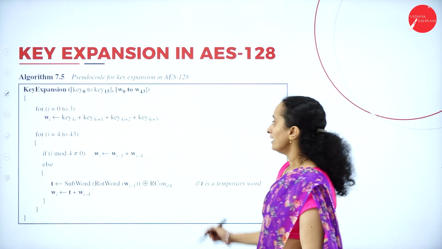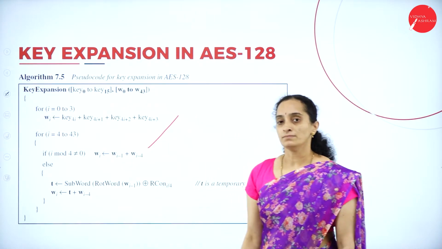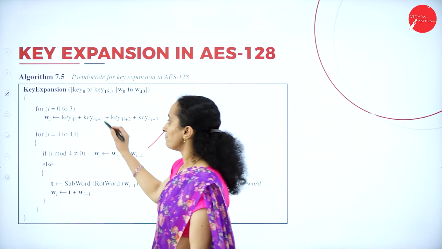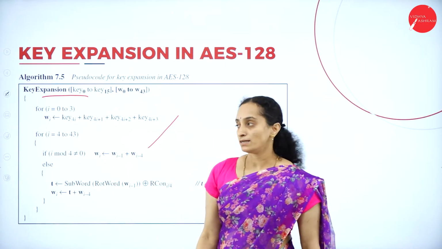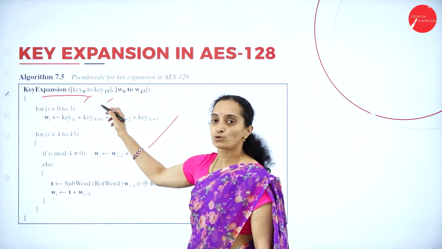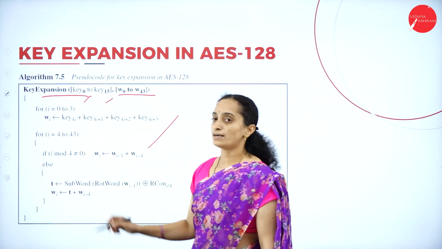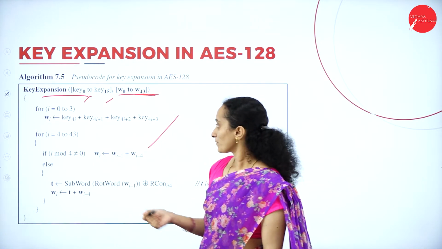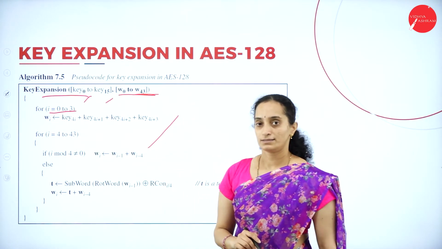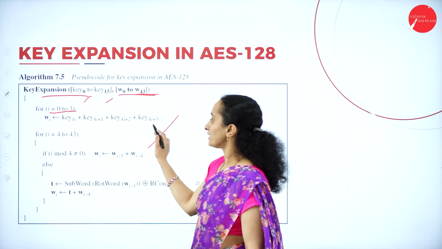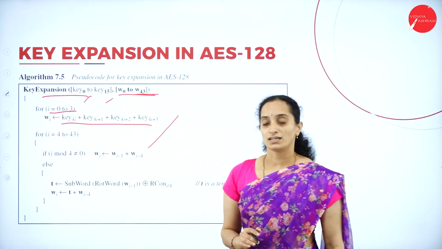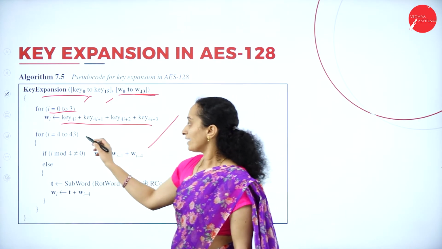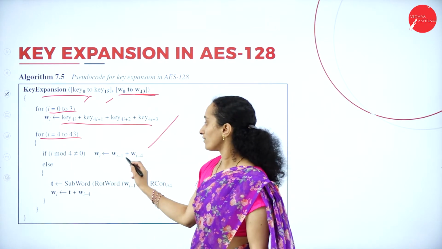Okay, this is the algorithm for the key expansion in 128 bits. If you use a key expansion function with key 0 to key 15 and words from 0 to 43, these are represented as states. The first words will be generated by the 128-bit cipher key, and the others from 4 to 43 will be calculated like this.